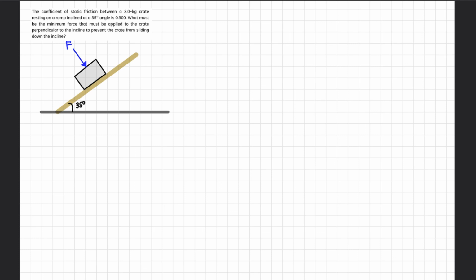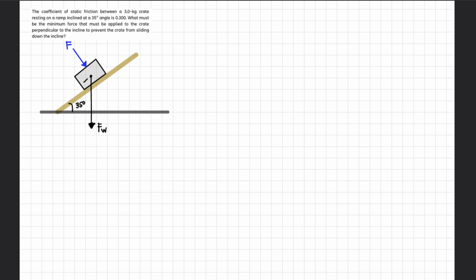So looking at this, what are the forces involved? What are the forces that are perpendicular to the ramp and that are parallel to the ramp? So, of course, we have the weight. The weight is directed downward. Let's make that Fw.